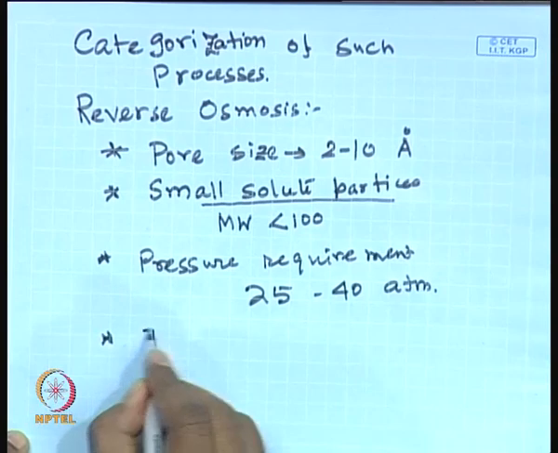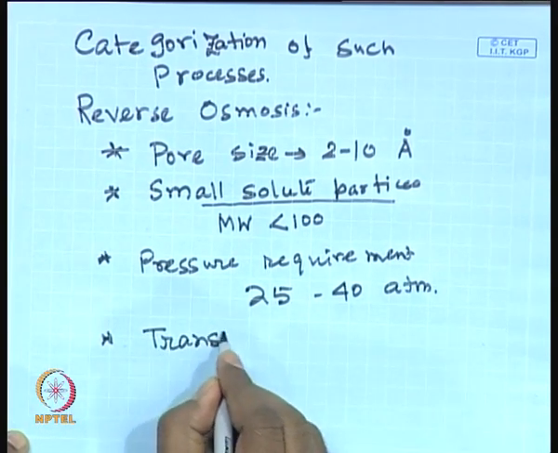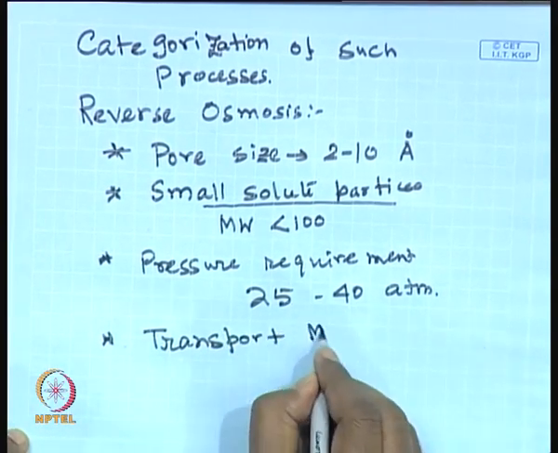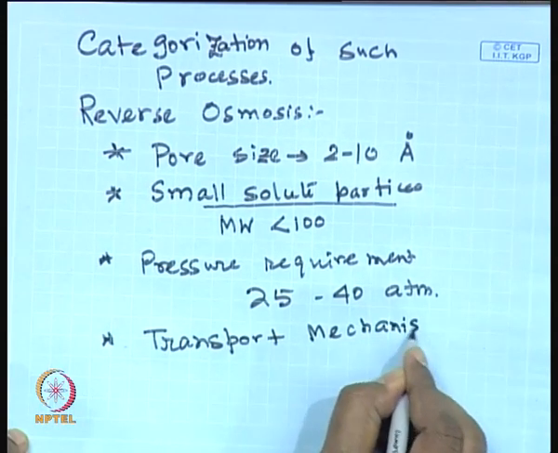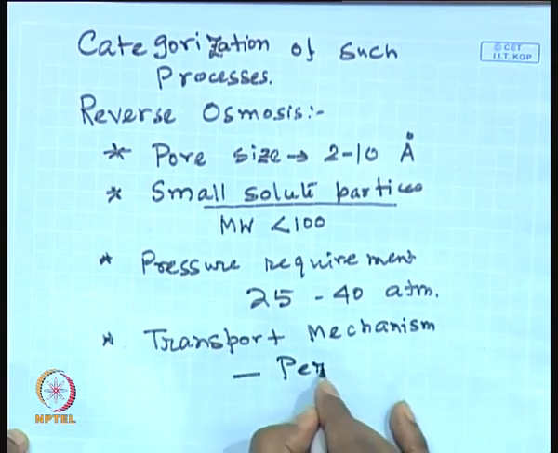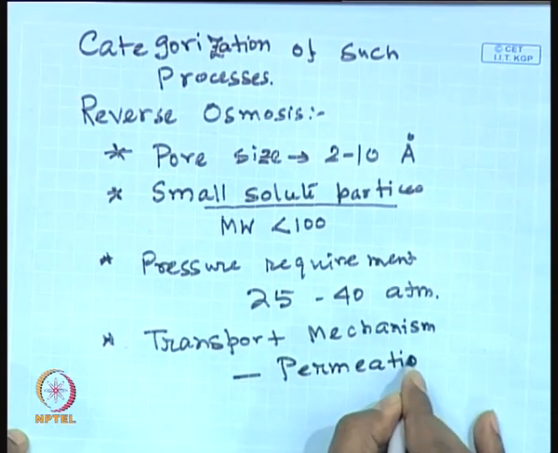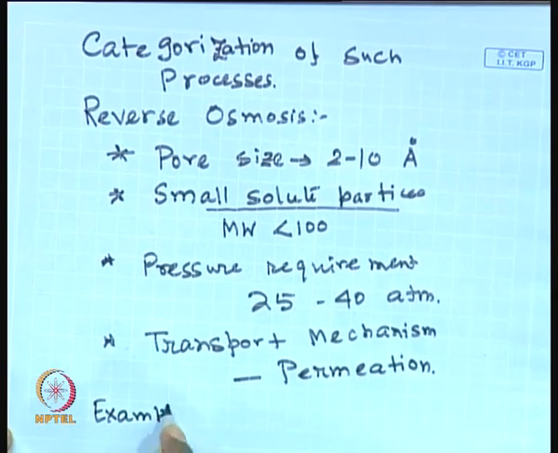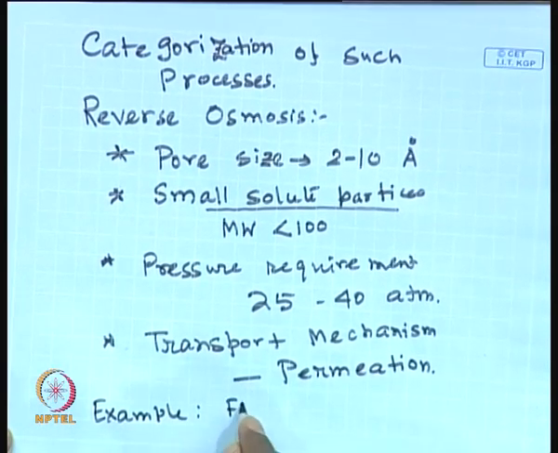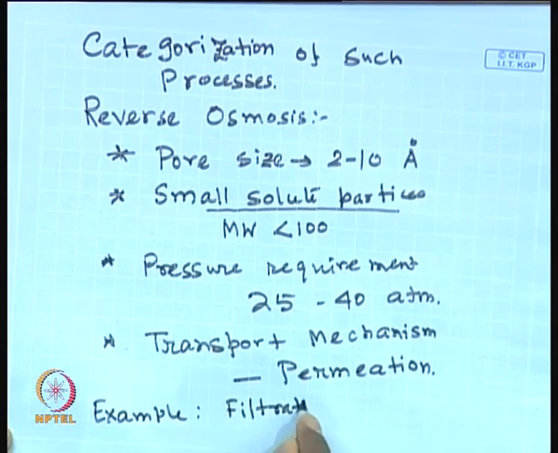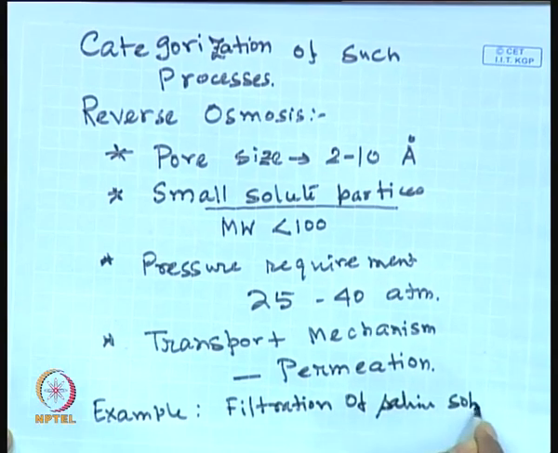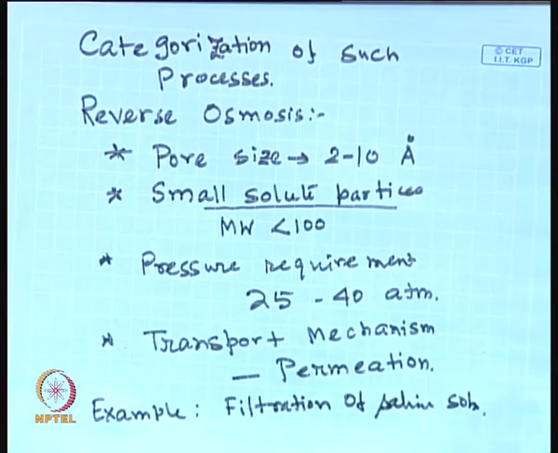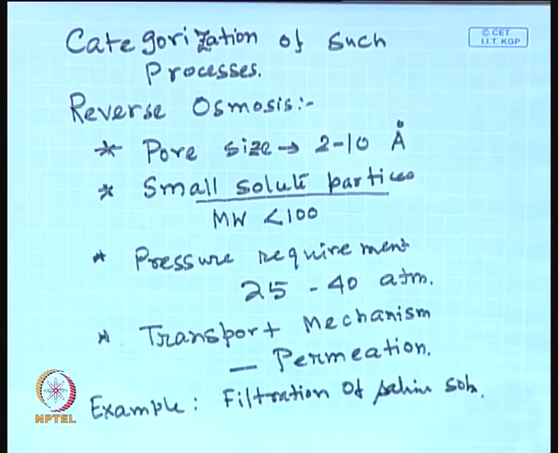And the main transport mechanism is permeation, that we just discussed. A typical example or application is filtration of saline solution, that means salt solution. So it is tremendously useful for desalination purposes. So that goes for reverse osmosis.